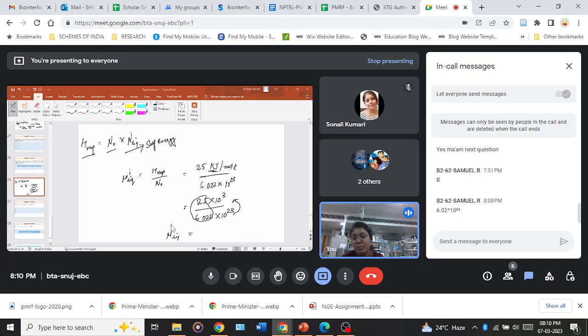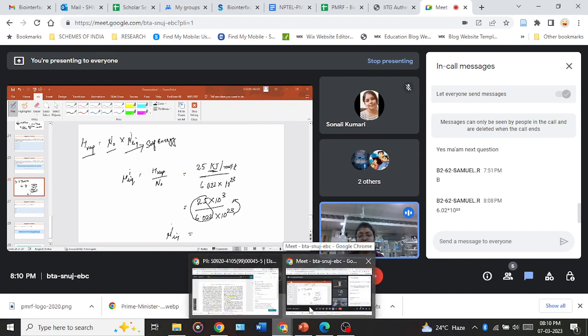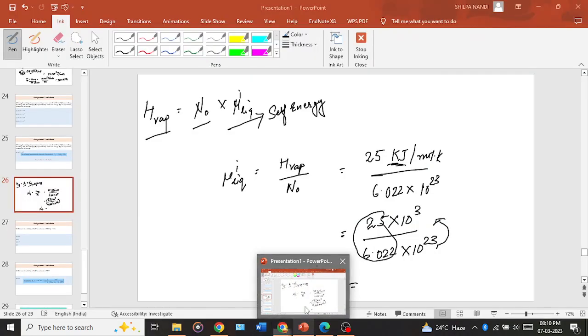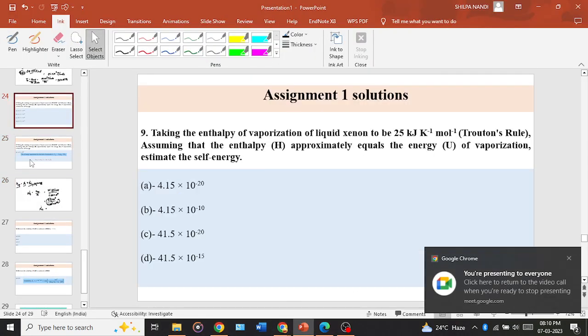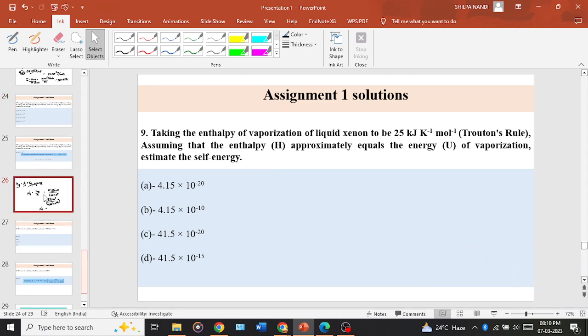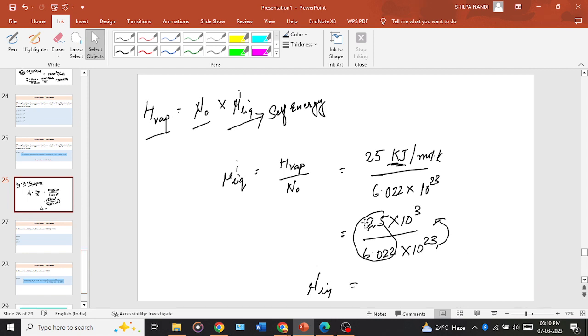So the answer will probably come as 4.15, and then 4.15 multiplied by 10 power minus 20. Right. The 10 power 23 will go up, so this will become 10 power minus 23 multiplied by 10 power 3, and this is 4.15. So ultimately we'll get 4.15 into 10 power minus 20.